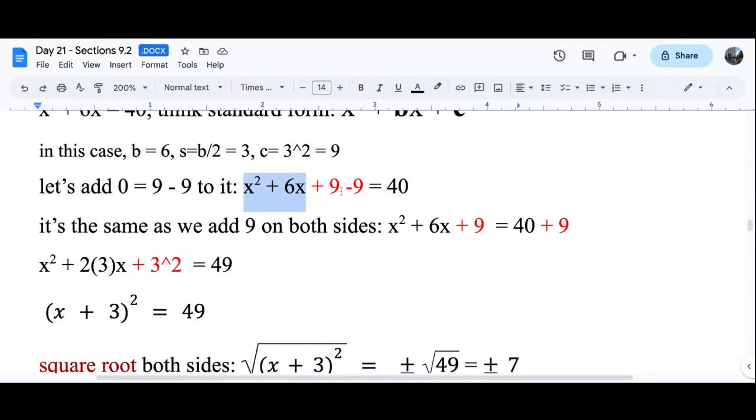We add a 0 to it, right? Because we want to have this 9, but we cannot just add a 9. We have to subtract 9. We can add 0 to the expression, because we need this 9 to make a perfect square, (x plus 3) squared. Is this your question?